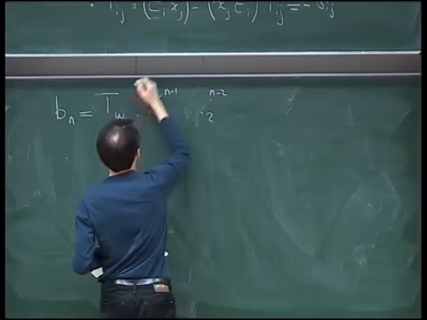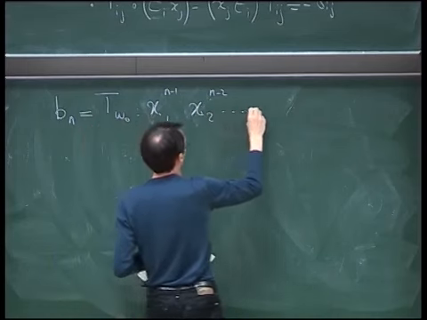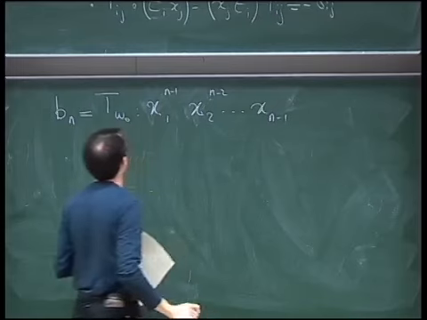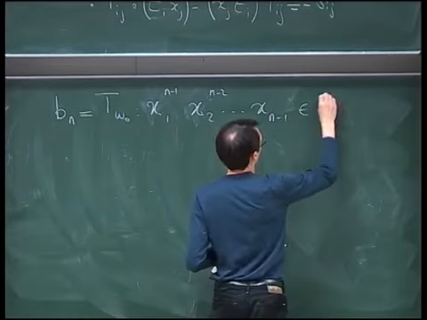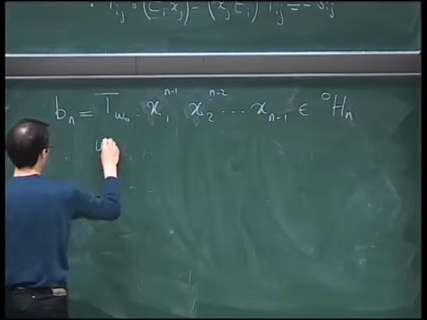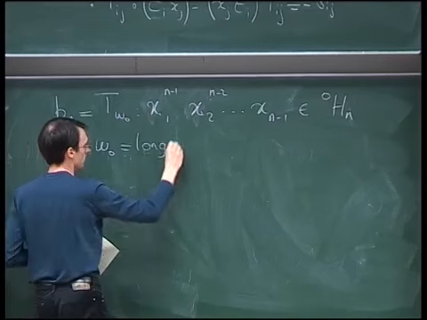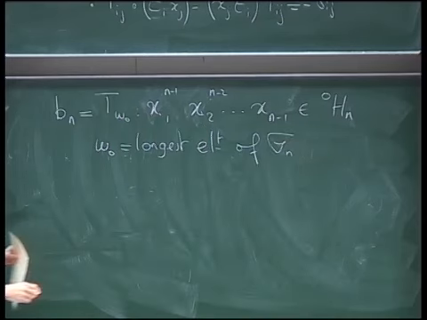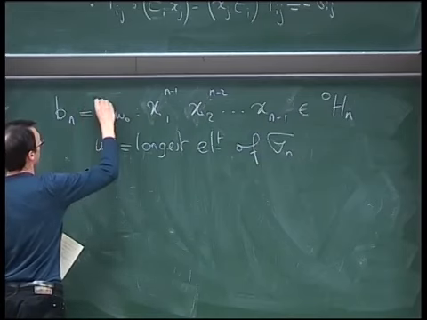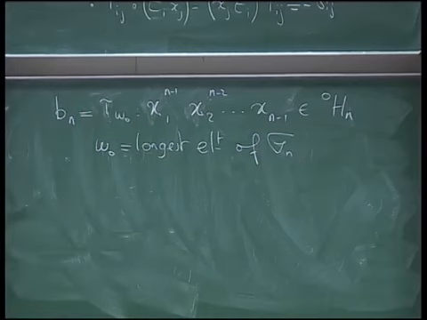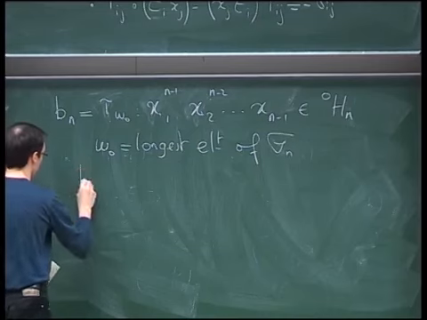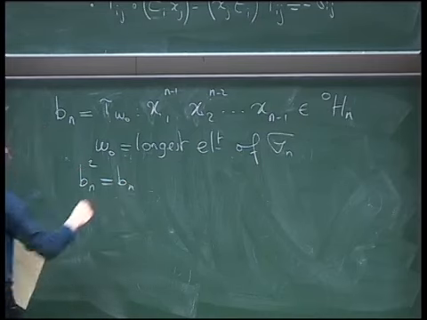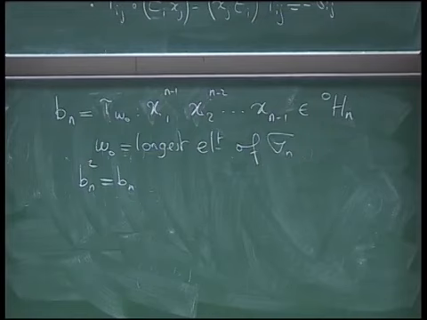Okay, I use small x's. W0 is the longest element, and that's not a t, that's a tau. So I take the longest element in the symmetric group, I take the corresponding product of taus, and then I multiply by polynomials, and this is an idempotent, b_n squares to itself.